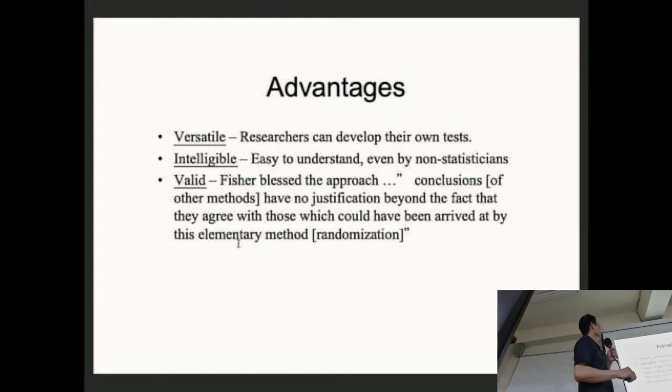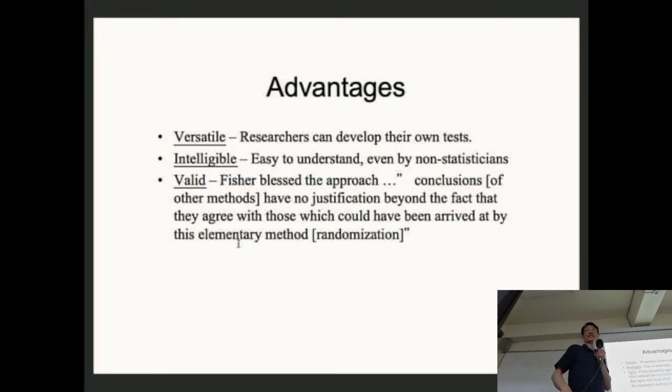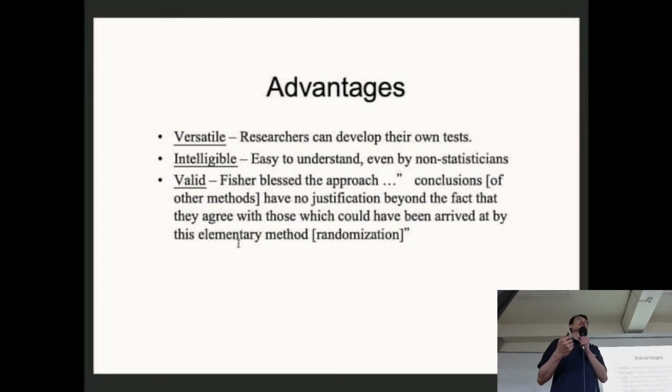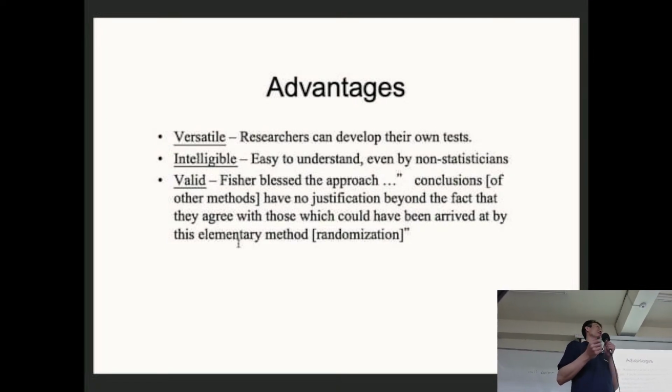Actually, who invented the randomization test? Fisher invented it. But Fisher was not able to do it because he had no computer. At that time, there was no computer to do this computer-intensive statistics.